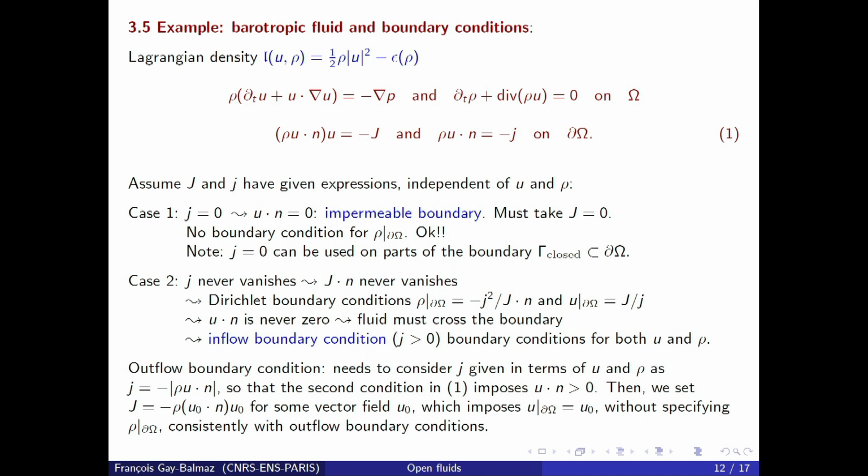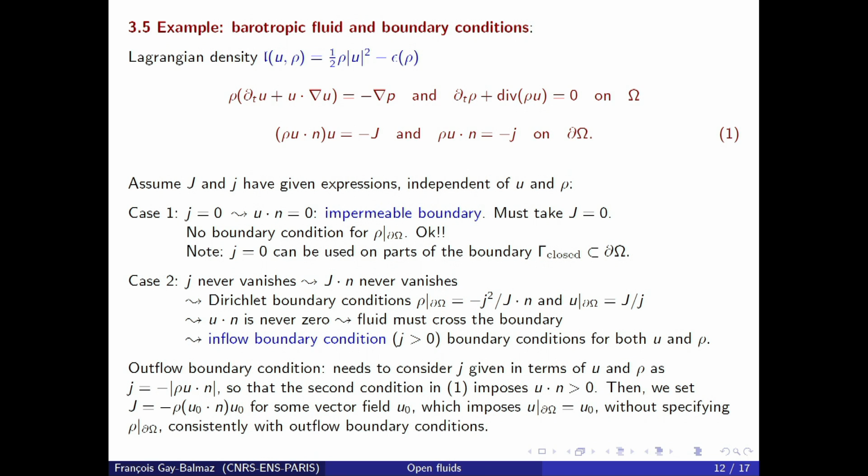So you can be surprised that now the boundary condition for the mass density has just disappeared, but it is exactly consistent with what happens when we have a fluid in a closed domain, right? There is no boundary condition for mass density on the boundary for well-posedness. We don't need to say anything about rho on the boundary when the fluid is closed.